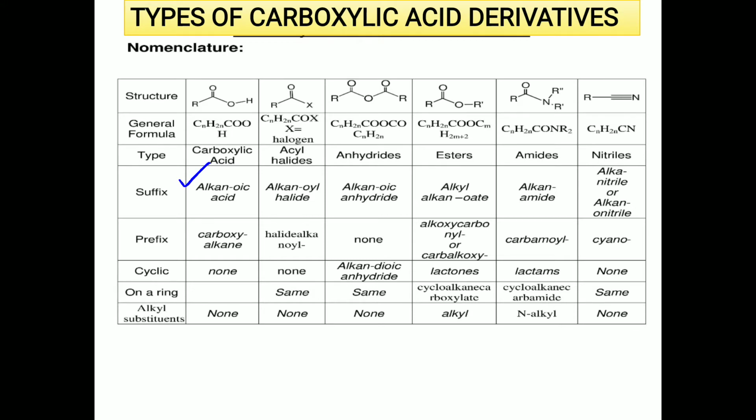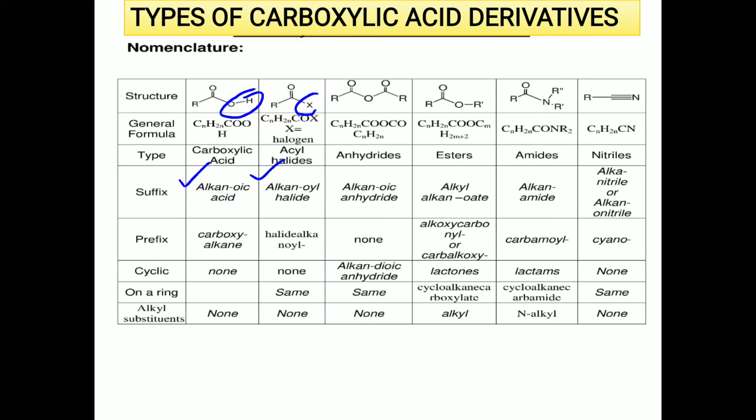Okay. Then the second type is acyl halides. Acyl halide means that in the carboxylic acid having the functional group COOH, if this OH is replaced by a halogen, and there are four halogens present in the periodic table, that is chlorine, bromine, iodine and fluorine, then that particular group will become an acyl halide, COX, where X is for halogen.